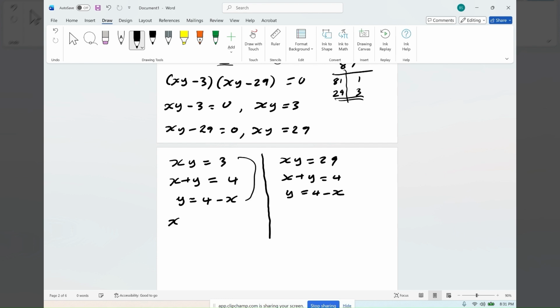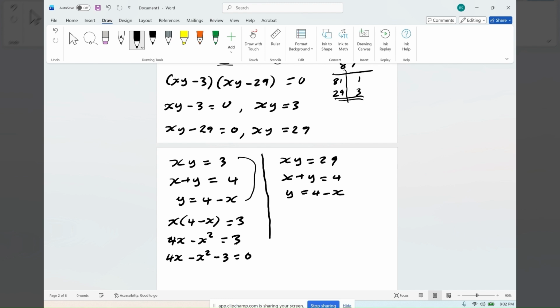We have x(4 - x) = 3, so 4x - x squared = 3. From there, we have 4x - x squared - 3 = 0.